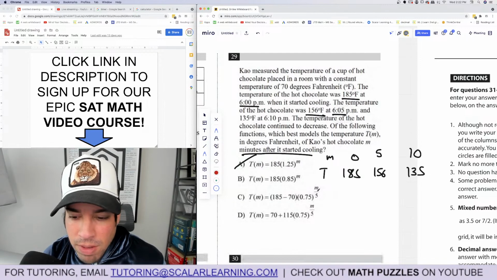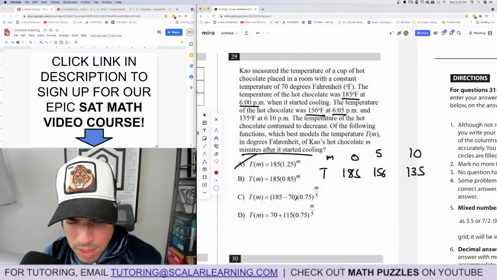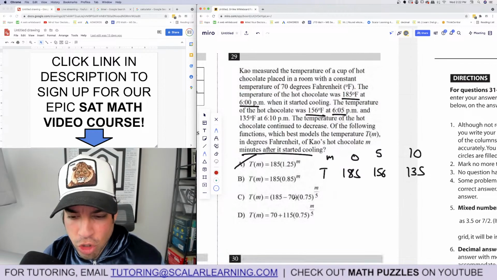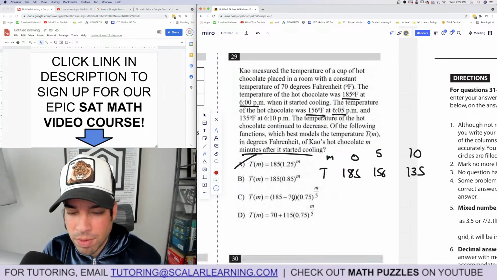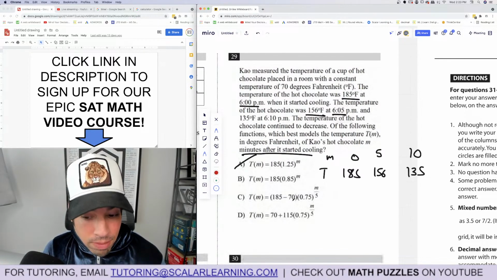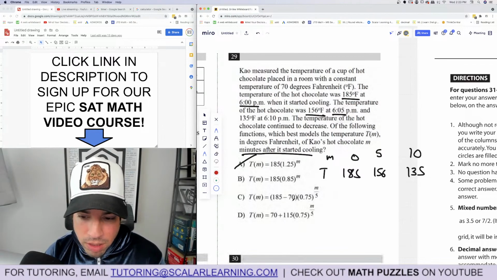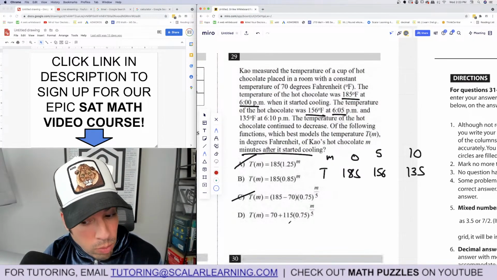It was 185. If I plug 0 in here, I get 115. This can't be right. Why are you subtracting? Where's this 115 coming from? Which best models the temperature in Fahrenheit m minutes after it starts cooling? I need to get a value of 185 when I plug in 0. So this is out. This one, when I plug in 0, I do get 185.